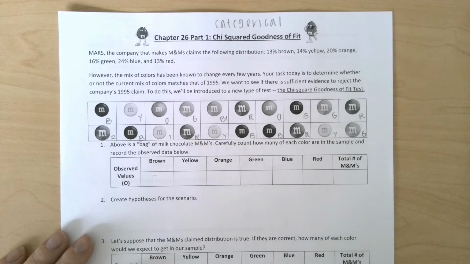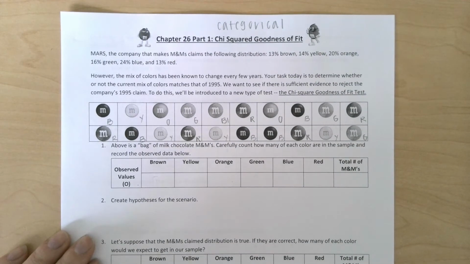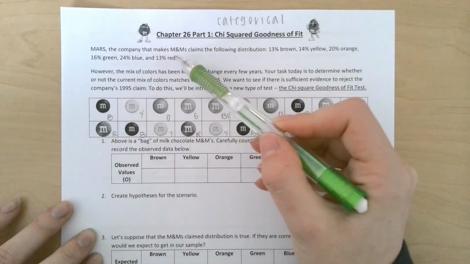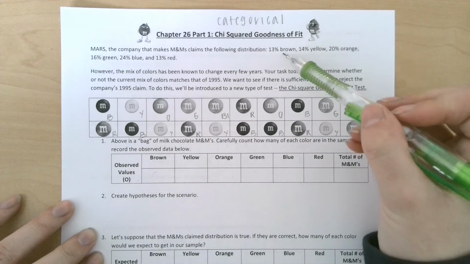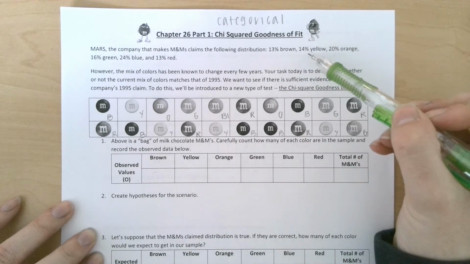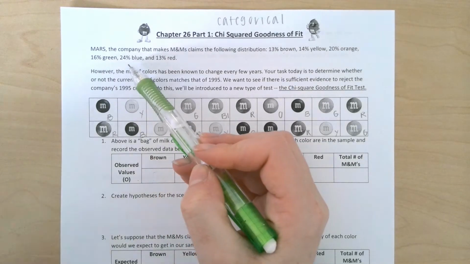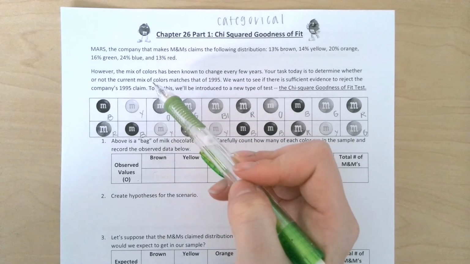So to get us thinking in kind of the right direction, we're going to start with this little opener activity looking at a bag of M&Ms. Mars, the company that makes M&Ms, claims the following distribution. 13% are brown, 14% yellow, 20% orange, 16% green, 24% blue, and 13% red.